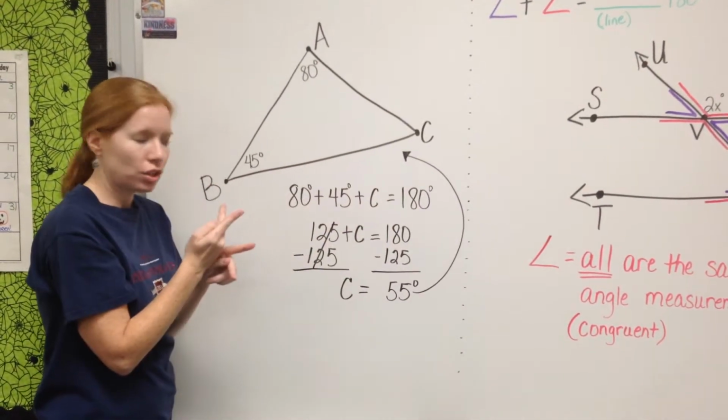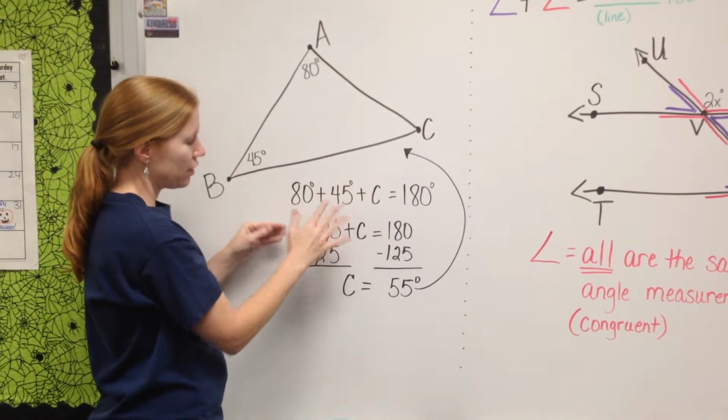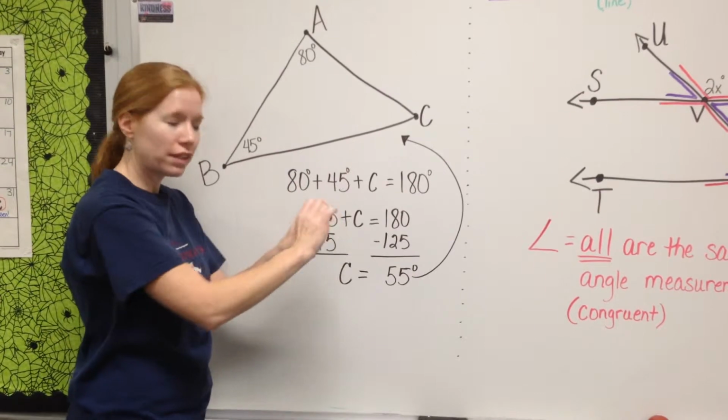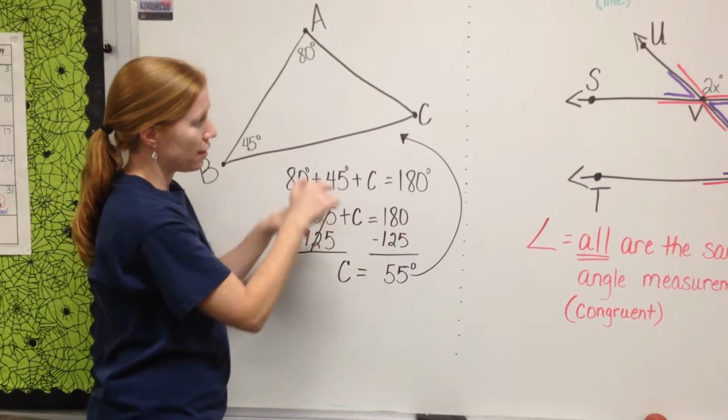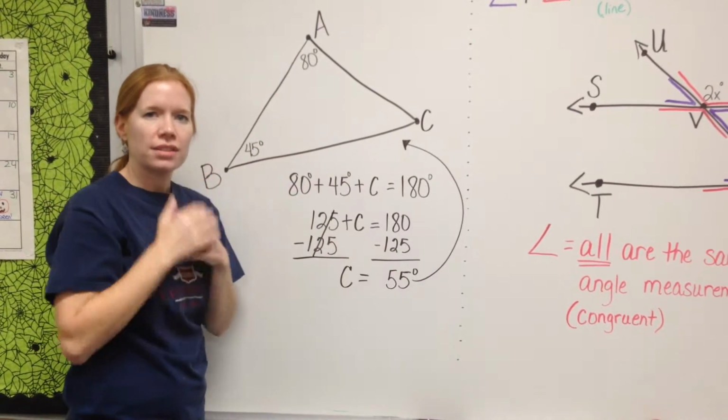So then I can use my math to figure out 80 plus 45 equals 125. Subtract that from both sides, just like solving an equation, and the measure for angle C will equal 55 degrees.